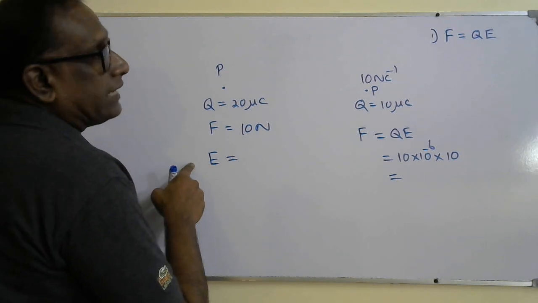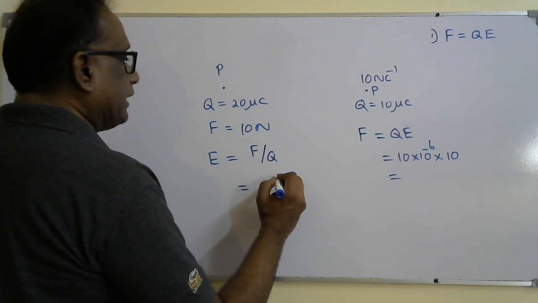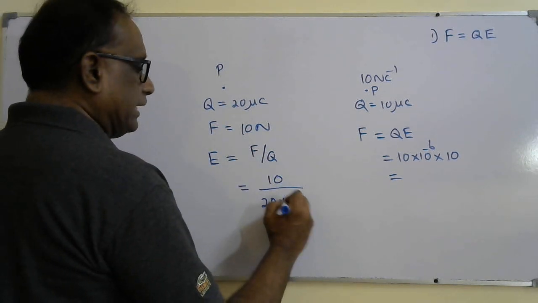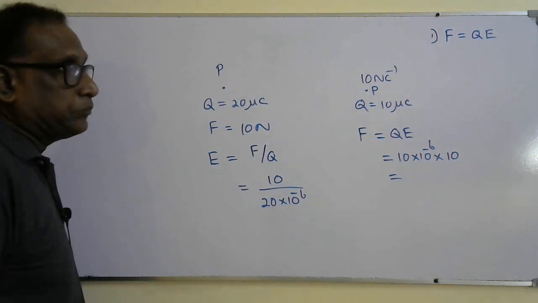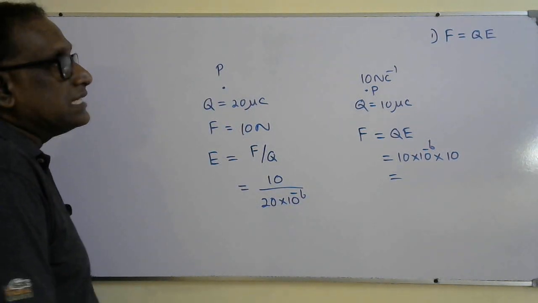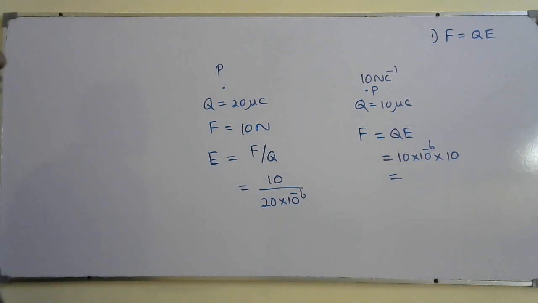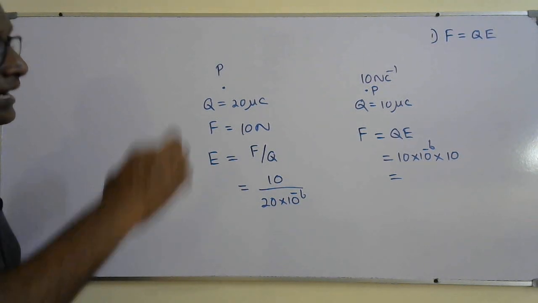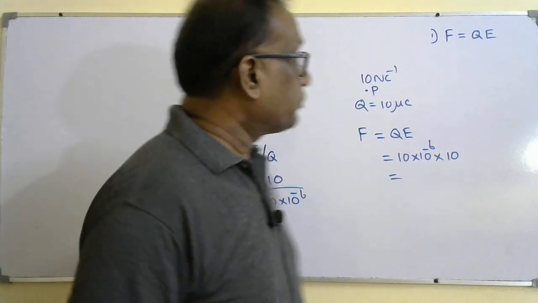Then I can find it by using E equal F over Q. Force I know, 10 Newton, over Q, 20 into 10 to the power minus 6. Solve it, you will get the electric field strength at point P. So we can use this equation to find these two things if you know a point charge Q and the electric field strength at a point in space. That's the application of this equation.